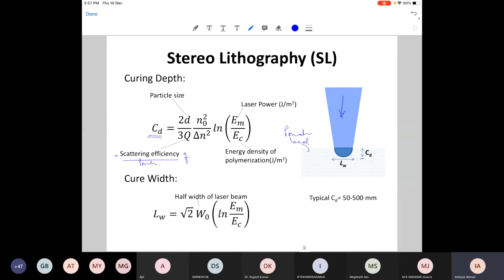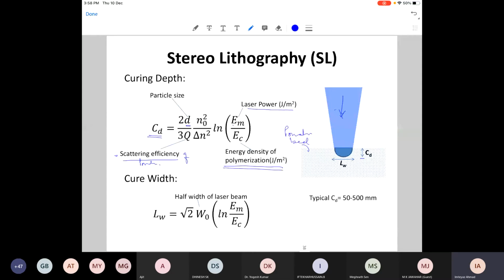And if the powder particle size is larger, then the curing depth changes. It is not absolutely true, because we have a certain limit, but generally for the powder sizes we use, in micron sizes, this is true. It also depends on the laser power you are using and the power density required for polymerization to happen.